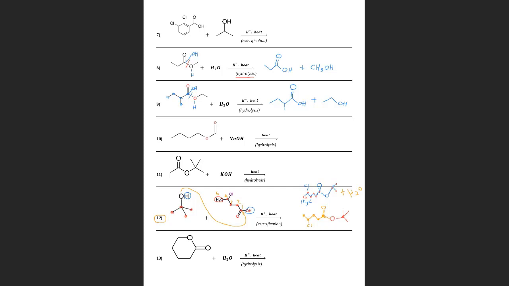For base catalyzed hydrolysis of an ester, you basically, no pun intended, do the same thing. You're going to go ahead and cut it between the carbonyl and the oxygen.